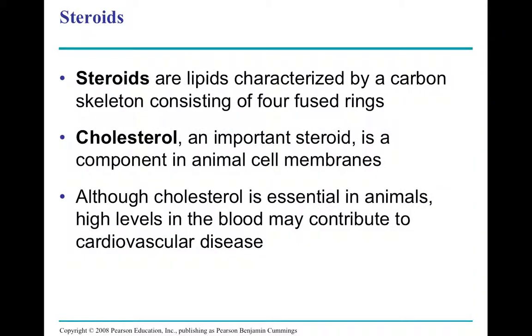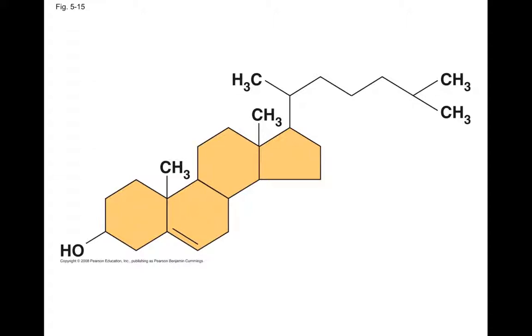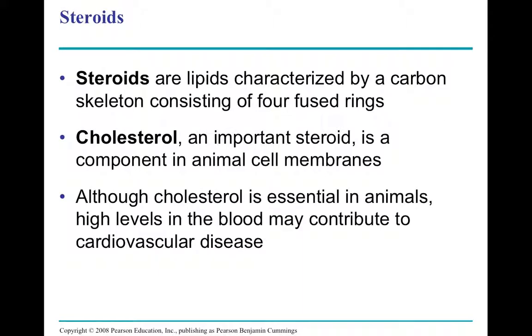Alright, so steroids are lipids that are characterized by a carbon skeleton consisting of 4 fused rings, like this. Each of these hexagons and one pentagon is made out of carbons. And cholesterol is an important steroid and is a component of animal cell membranes. It is another structure that helps break up and yet stabilize the cell membrane.